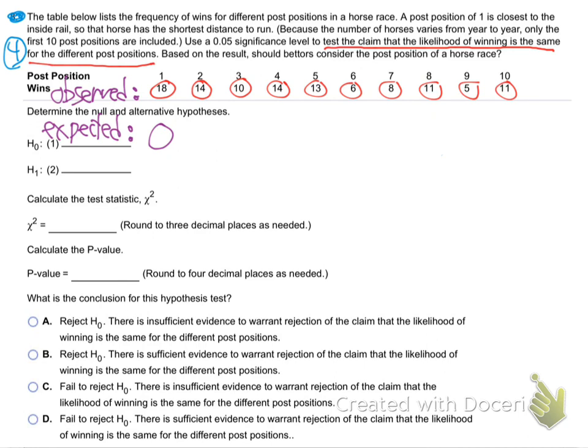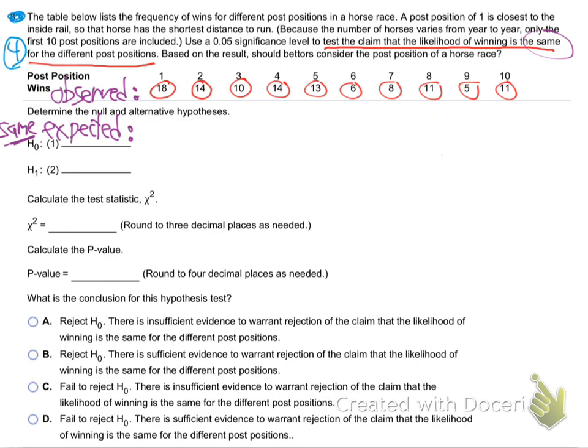We're trying to see if there's a fit between what we observed, how many horses actually did win from the different post positions, versus what we'd expect if they were equal, if it was the same. So how do we figure that out? What would we expect if they were all the same?